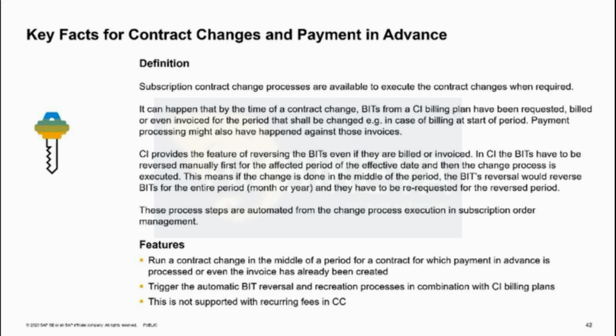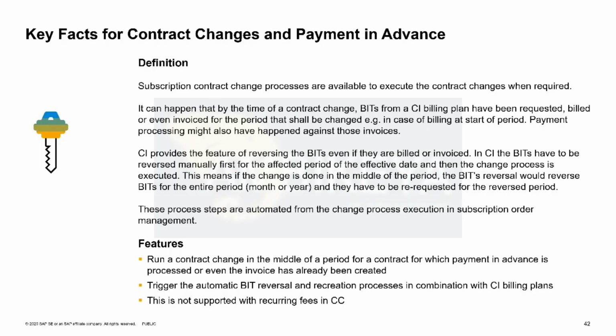This functionality is a feature where we had to react on customer feedback. Assume you are creating subscription contracts and they have billing plans attached, and your billing is not requested at the end of the month, but maybe at the beginning of the month, or even worse, you pay in advance at the beginning of the contract for the whole year.